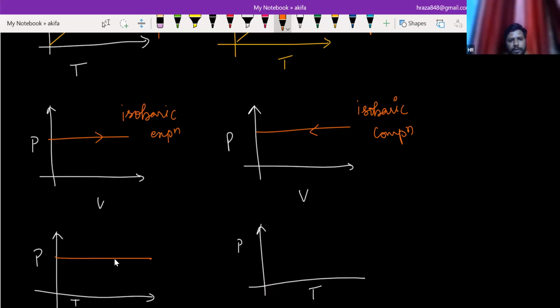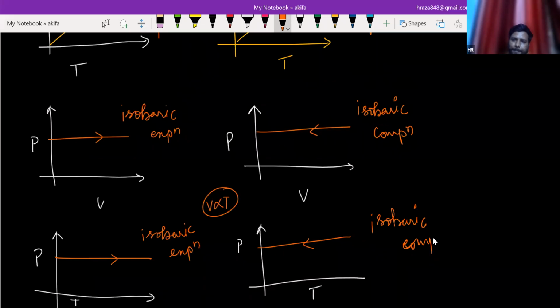Now see, pressure is constant, temperature is decreasing. Because volume is directly proportional to temperature, and temperature decreases, that means isobaric compression.